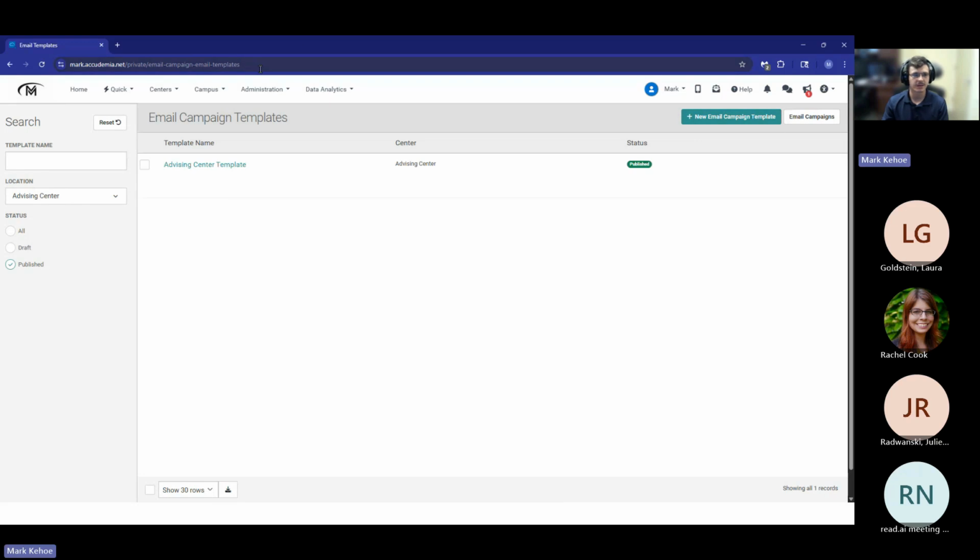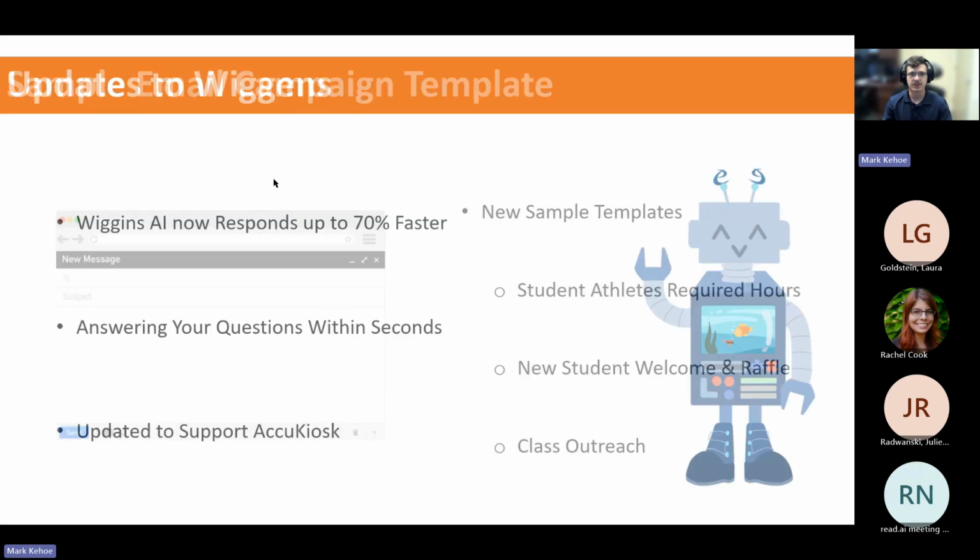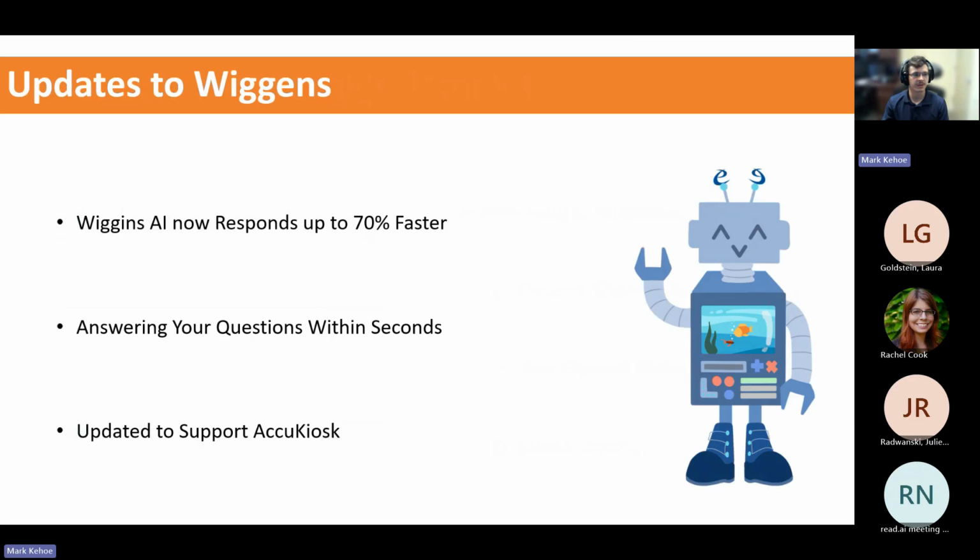So moving back, we've got our last feature in our 11.3 update, and that's going to be our updates to the Wiggins bot that we've recently added as well. So we've been working to improve this to make this as fast as possible for you guys. So it's now up to 70% faster with the recent document changes that we've been doing.